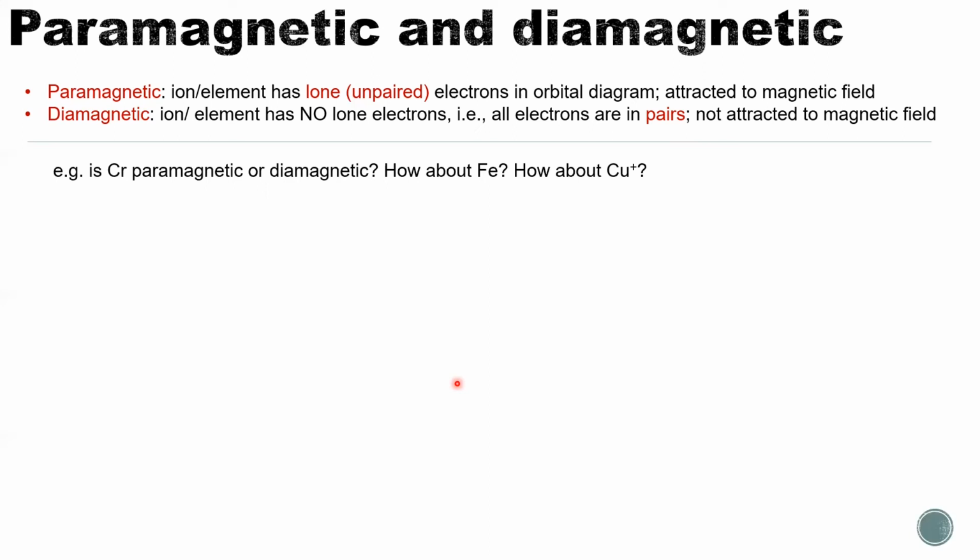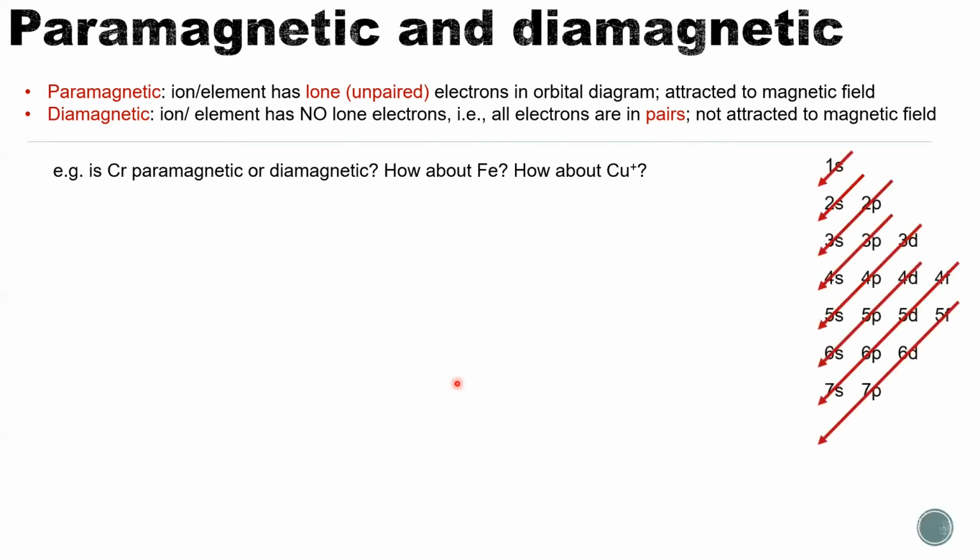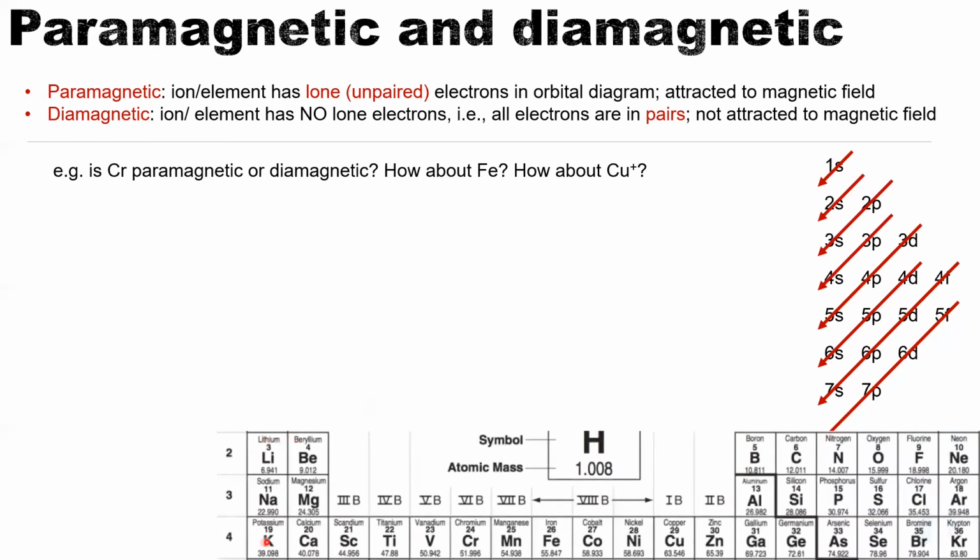All right, for all of these paramagnetic and diamagnetic questions, we need to write out the electron configuration correctly, right? That was the topic of our previous video. I attached the diagonal rule here and also part of the periodic table showing where these atoms are. These atoms are all transition metal atoms in the 4th period.